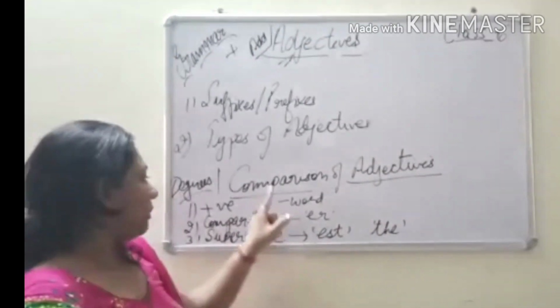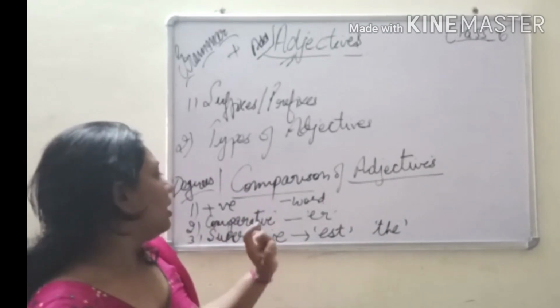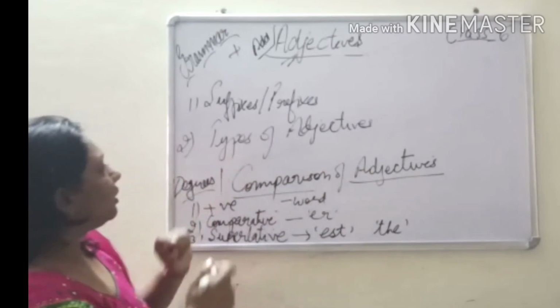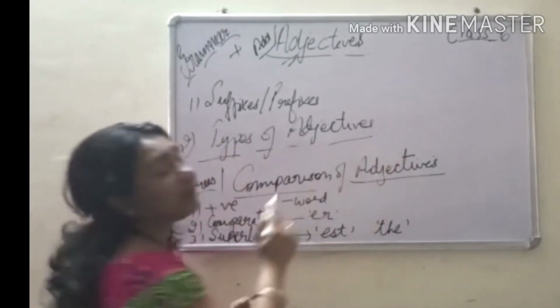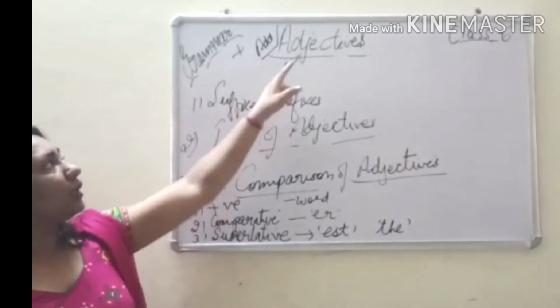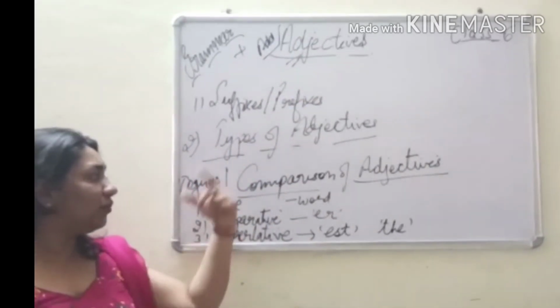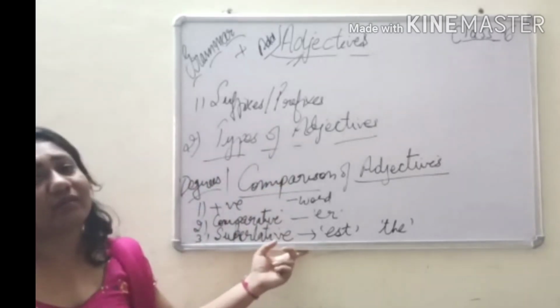So this way we will be studying these degrees of comparison. Till here I want you to revise the rules that are there in your book under the topic adjectives, so that the concept is clear, and when we move ahead we don't have any problem.